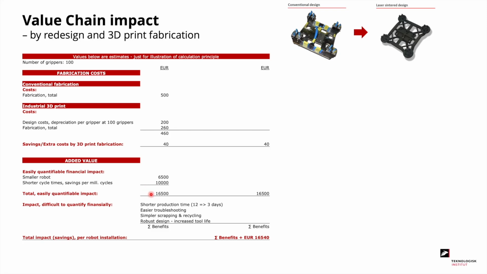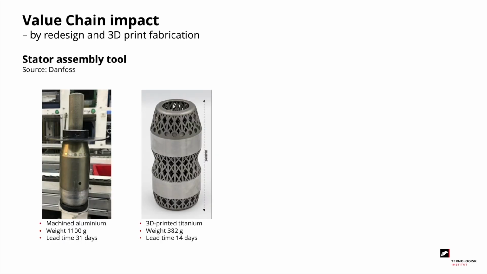On top of that, you have a number of benefits difficult to quantify, for instance simpler scrapping and recycling and easier troubleshooting. So the total savings per robot installation, actually for the first million cycles, will be all the benefits plus 16,540 euro.